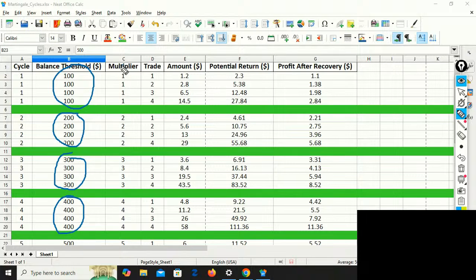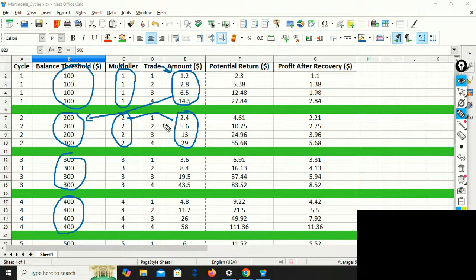So the multiplier is actually your trade amount. When you have $100, the cycle will consist of 4 trades. So these will be the trade amounts for the first balance threshold. Once you reach the 200 balance, you can multiply your amounts by 2. So these will become your 4 trade amounts.